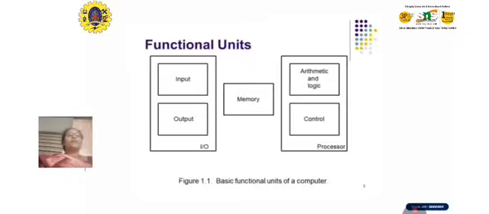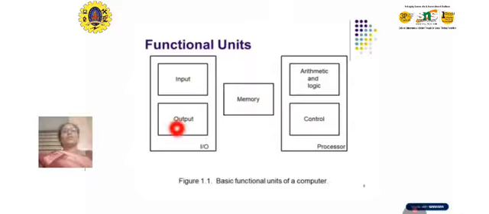There are 5 types of functional units available in the computer. This you already know, right? Input unit, output unit, memory unit, arithmetic and logical unit, and control unit. These are the 5 main functional units in the Computer Organization and Architecture subject.